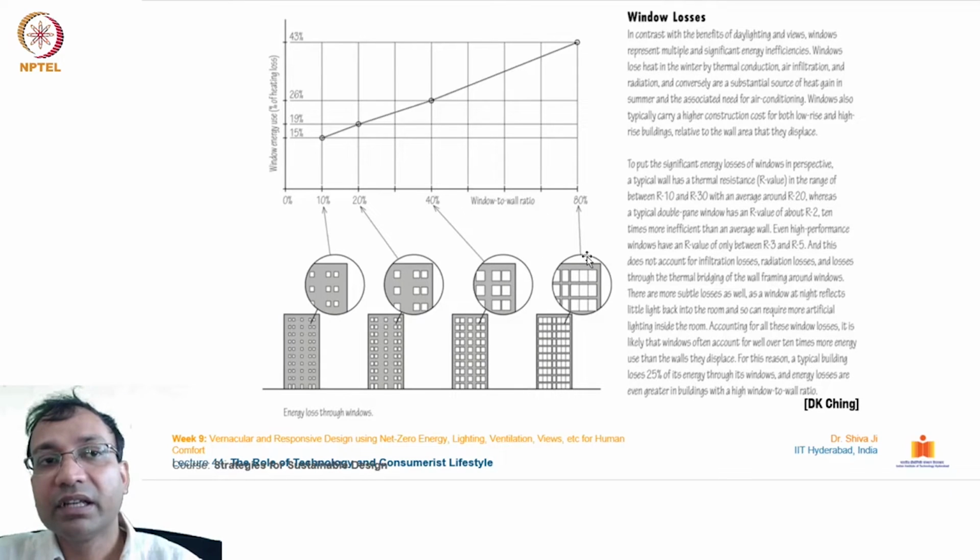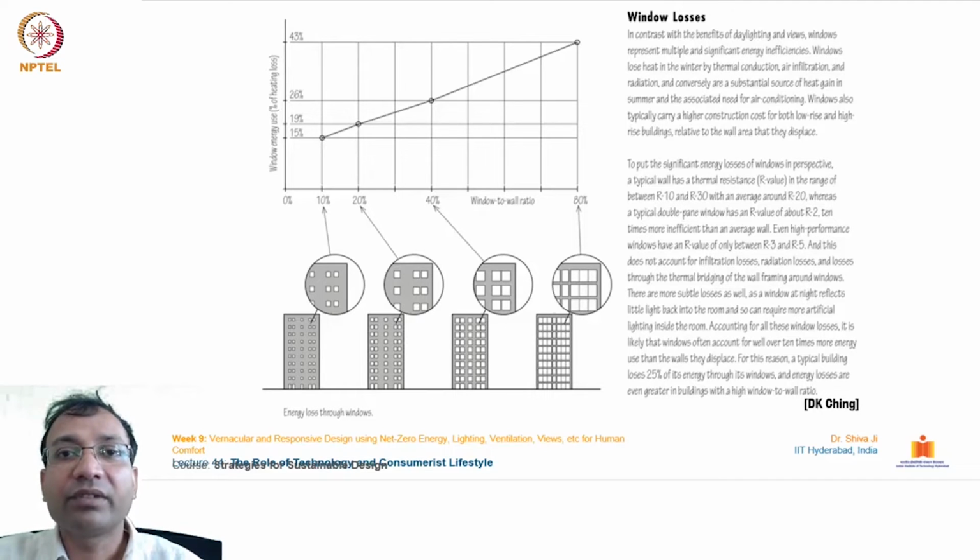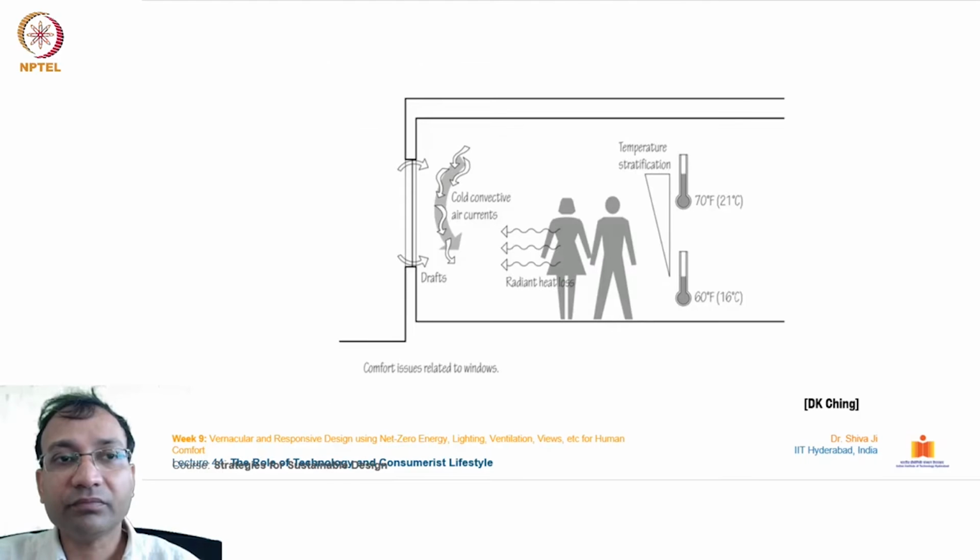So the more the opening area, the more the heating loss in this range. This is quite evident from here. So WWR is a very important factor to be considered in the design. You can take help of the daylighting software which I suggested earlier, to simulate your designs, and you can rectify them before the project goes for construction.